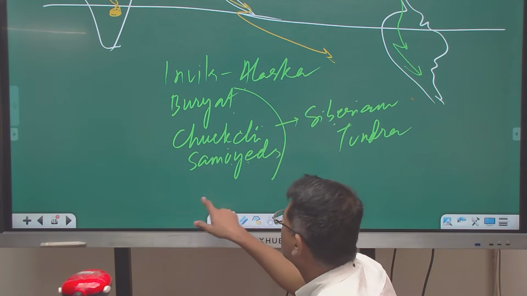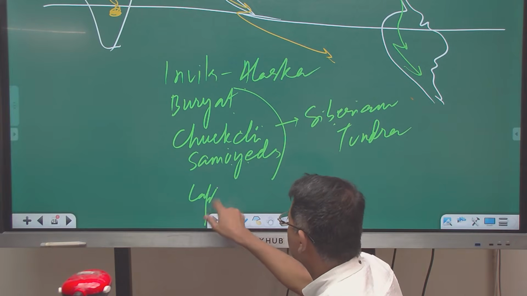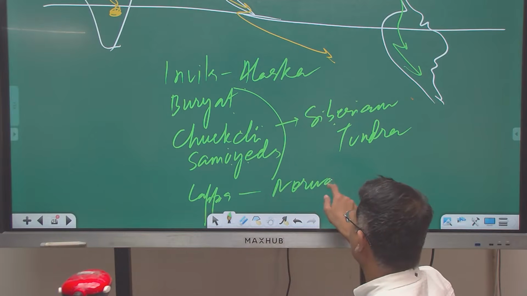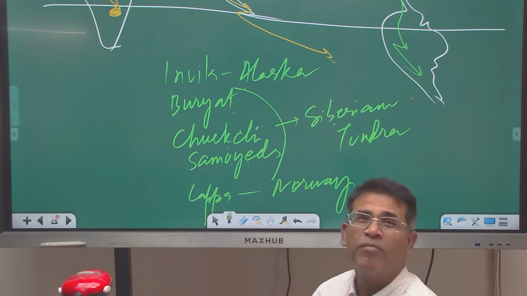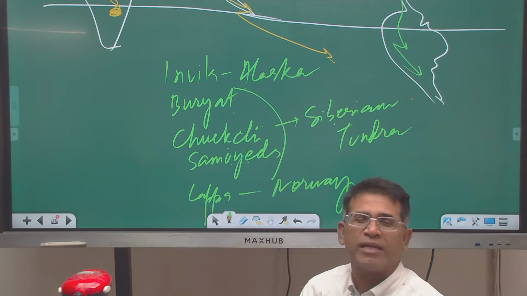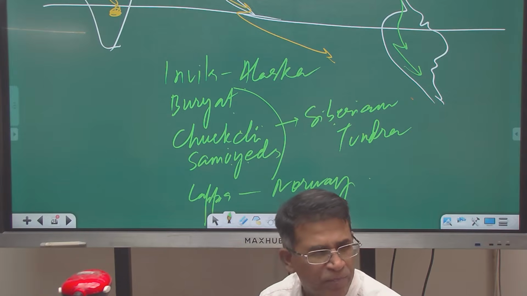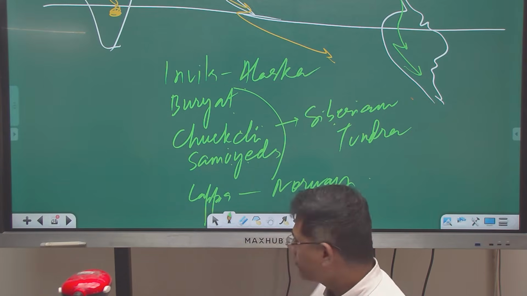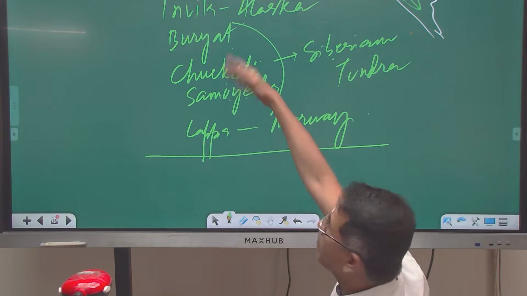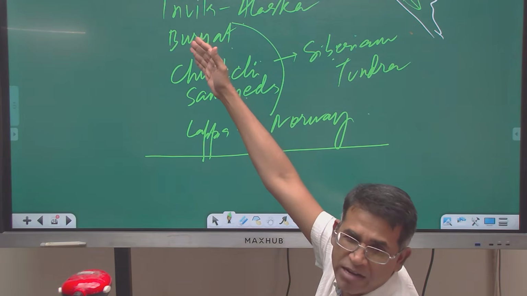We have Lapps of Norway. Just as we call Norway Lapland, Lapps of Norway. They're all Mongoloids. We also have the people of the tundra landscape along the Arctic coast.